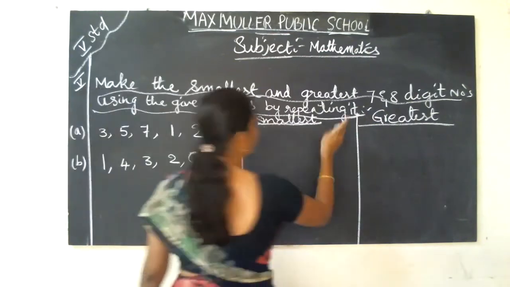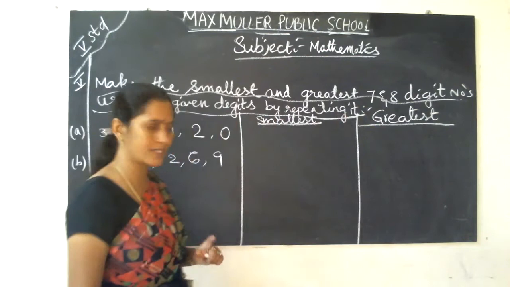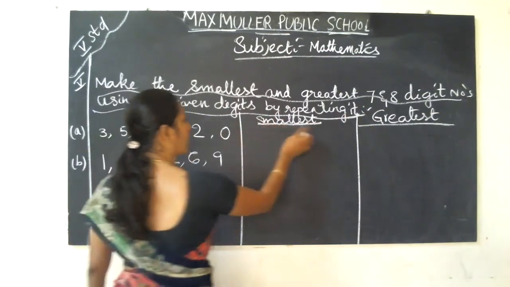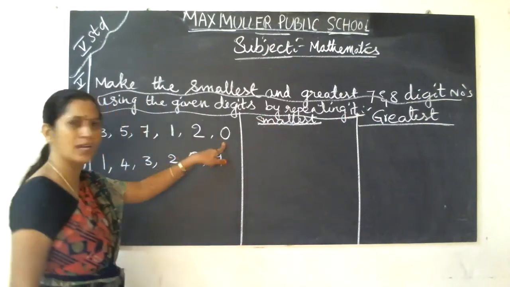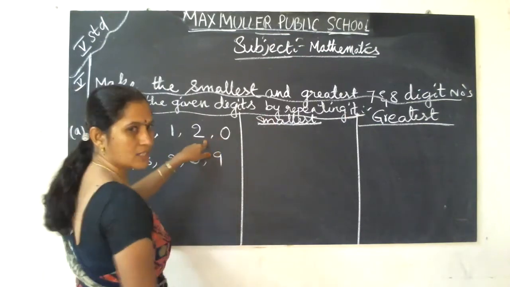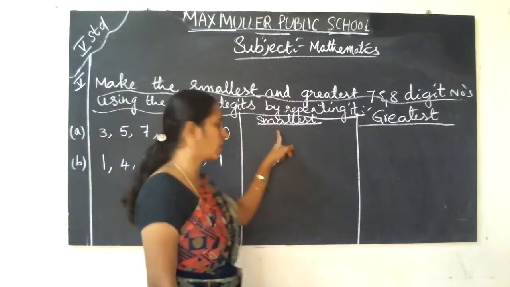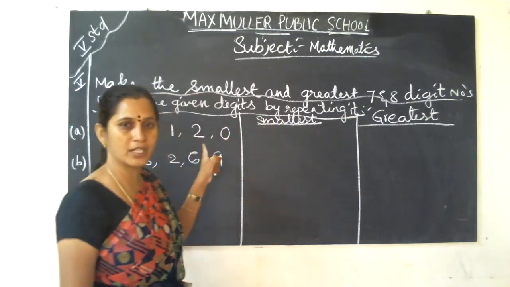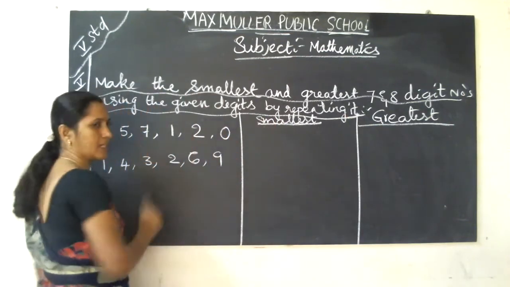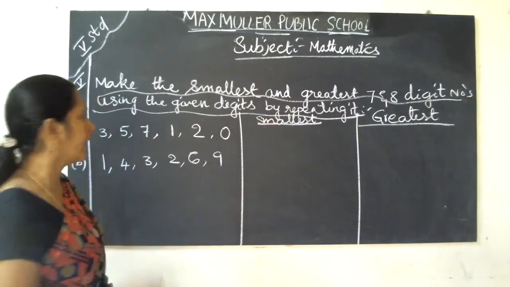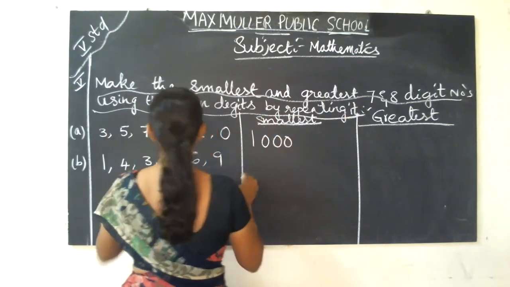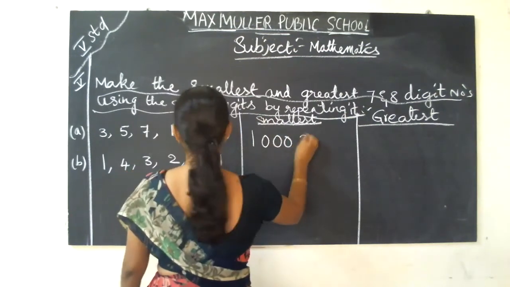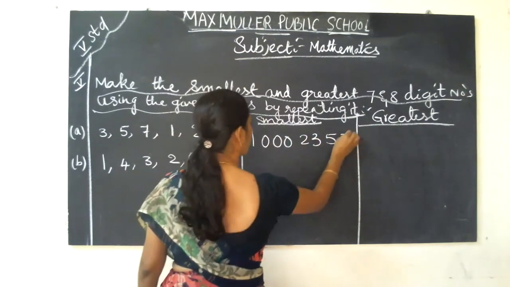So first, if you are making a 7 digit number, from smallest you have to write. Which is the smallest number here? 0 is the smallest number. So we have to repeat 0 twice for the 7 digit number and thrice for the 8 digit number. So 1, 0, 0, 2, 3, 5, 7.